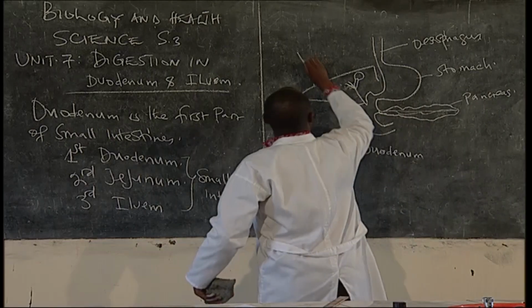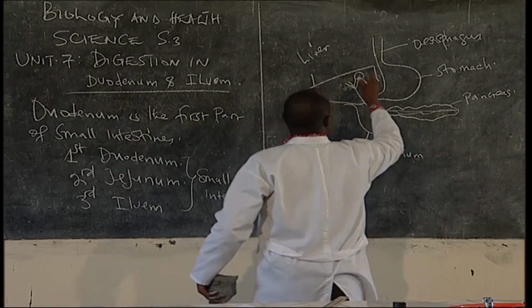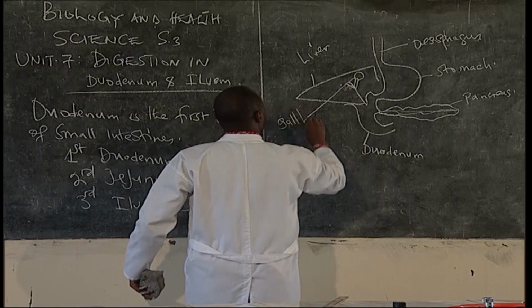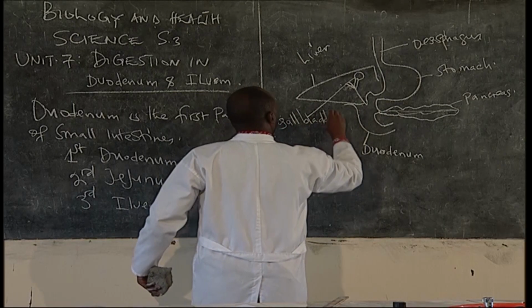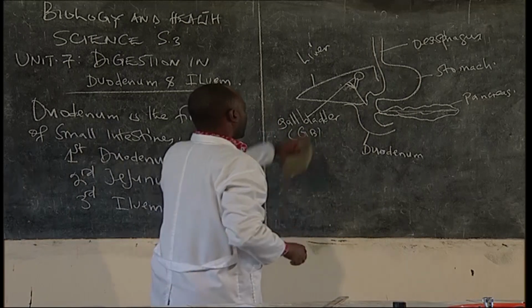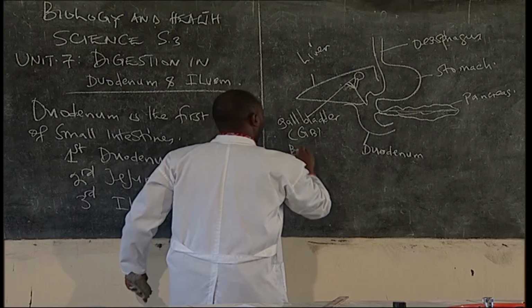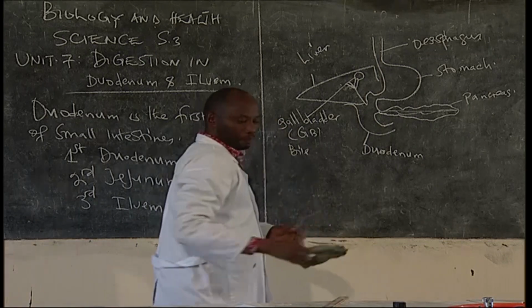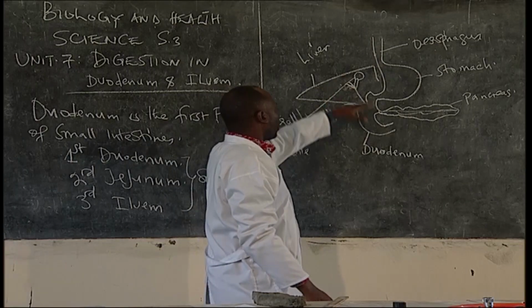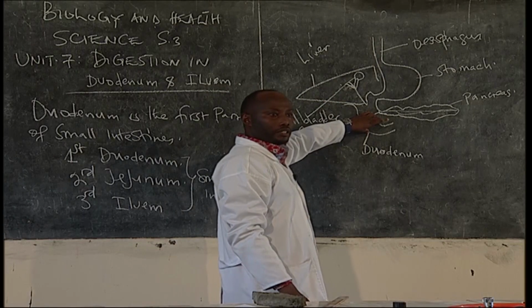This is the liver. And this one is the gallbladder, or GB in brackets. The gallbladder stores bile. This is a small diagram that tries to show that the first part of the small intestine is the duodenum.